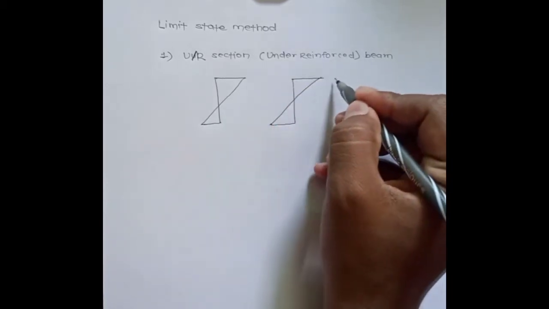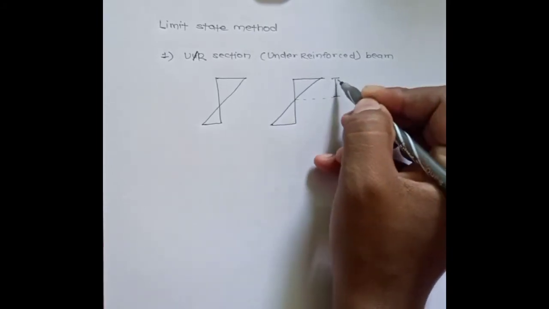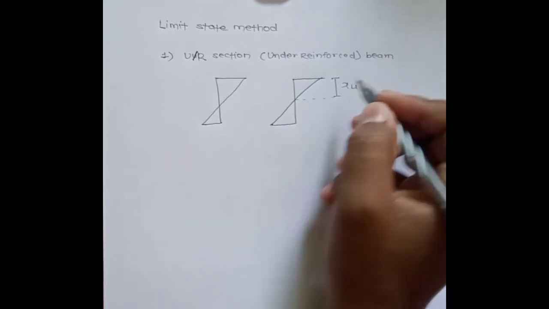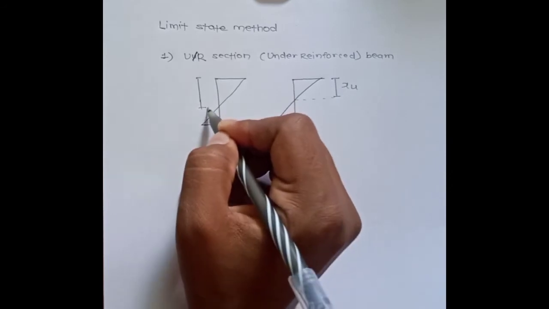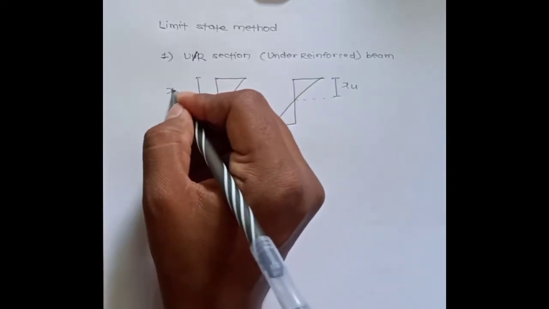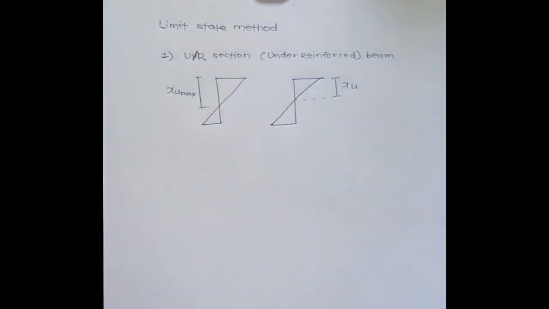This distance is known as XU, and this distance is known as XU max. Generally in this reinforced section, the amount of steel provided is less than what is required. So this condition is generally known as under reinforced section.